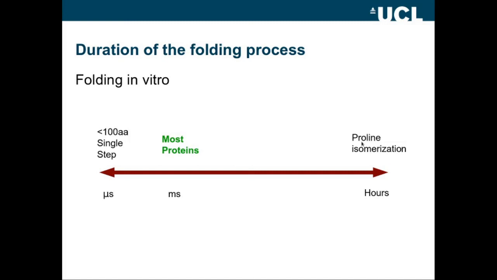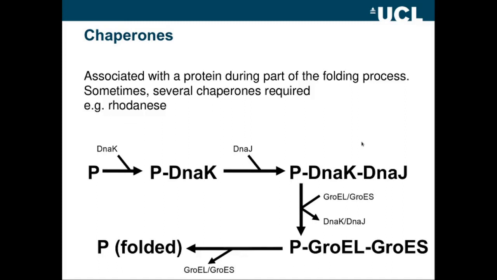Now, why is that? Well, it's generally as a result of the presence of chaperones. So chaperones are proteins that are associated with a protein during part of the folding process. Sometimes several different chaperones are required. For example, in the folding of rhodanese, we start off with our protein.